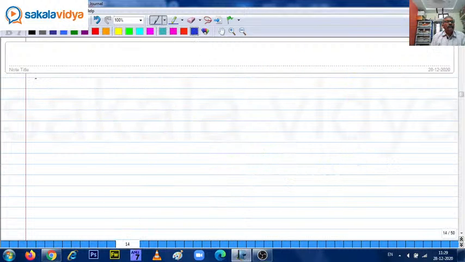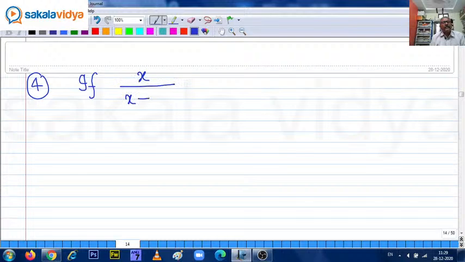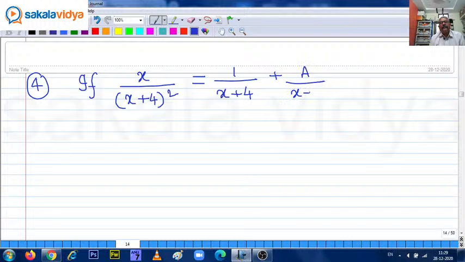So now the problem number 4. If x upon x plus 4 whole square equals to 1 upon x plus 4 plus a upon x plus 4 whole square, then find a.